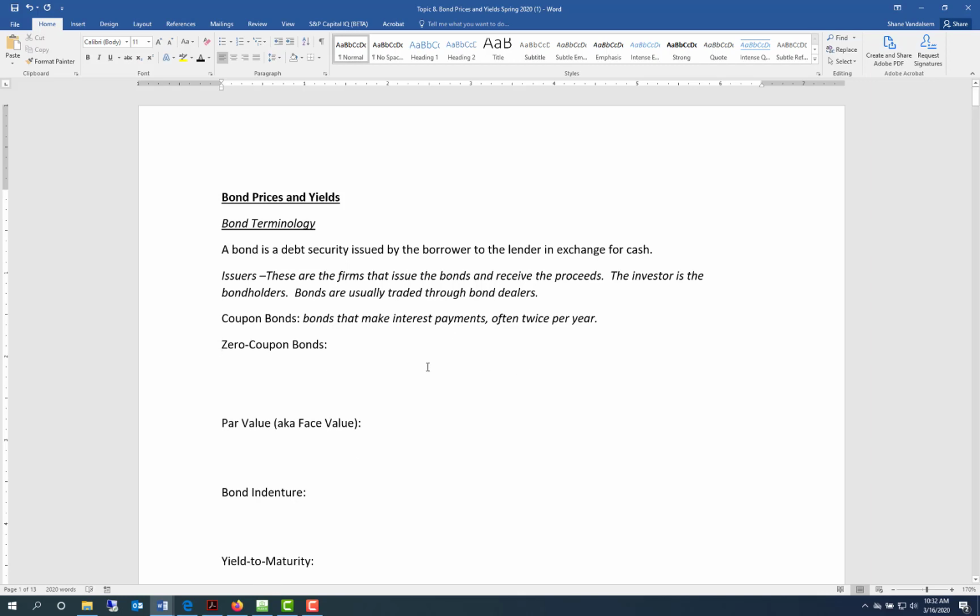Now it's done electronically, but the name stuck. A zero coupon bond is a bond that does not make interest payments. And these are frequently referred to as pure discount bonds.